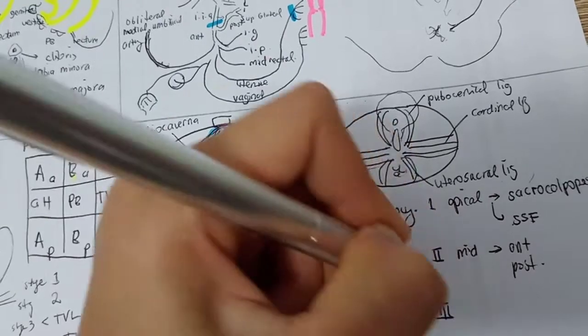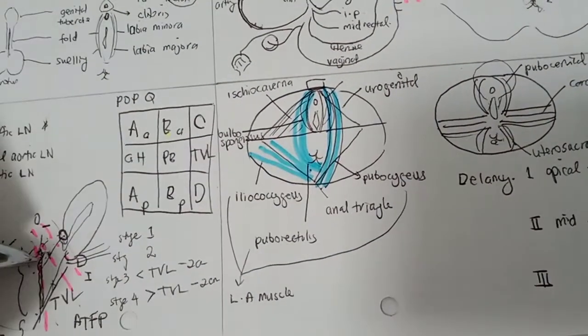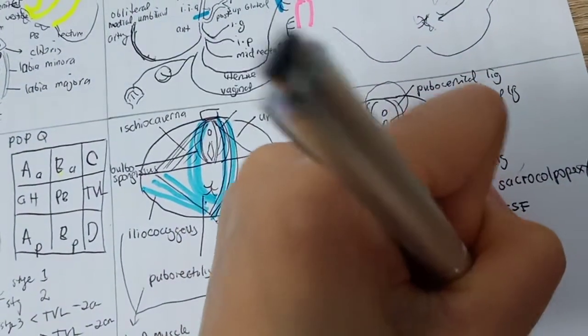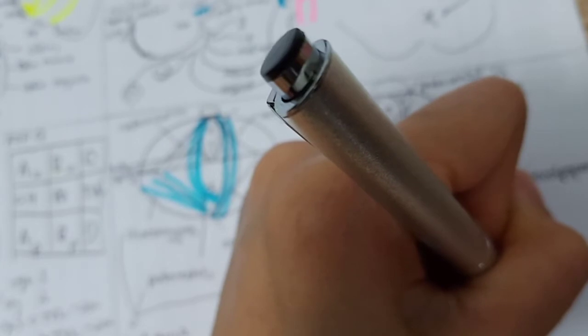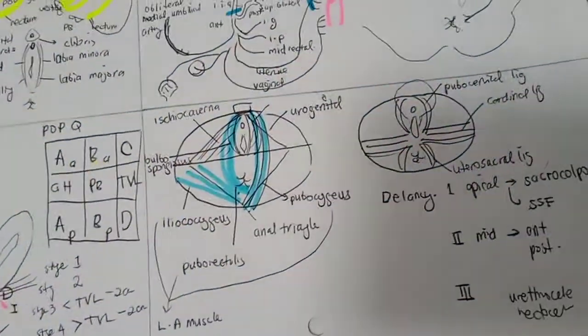And level 3 is basically the superficial perineal. So we can have the urethrocele or rectocele. Okay, so that's for the DeLancey support.